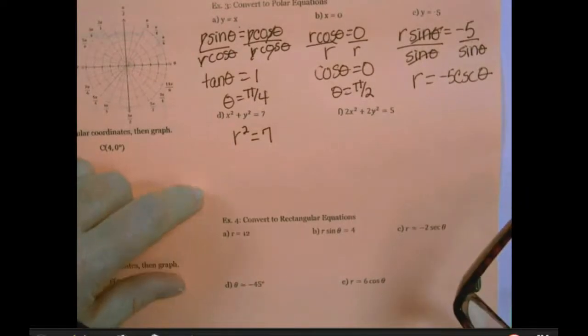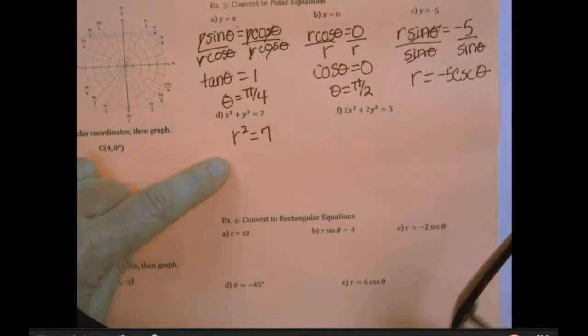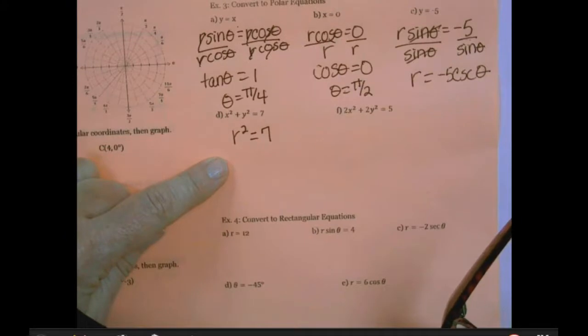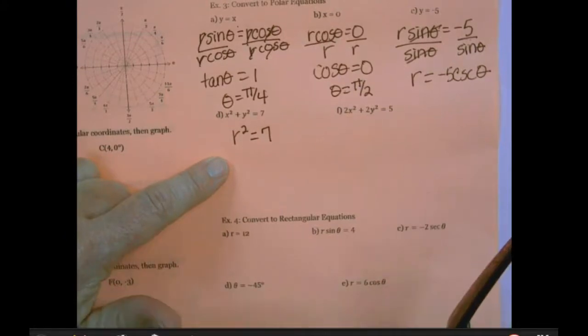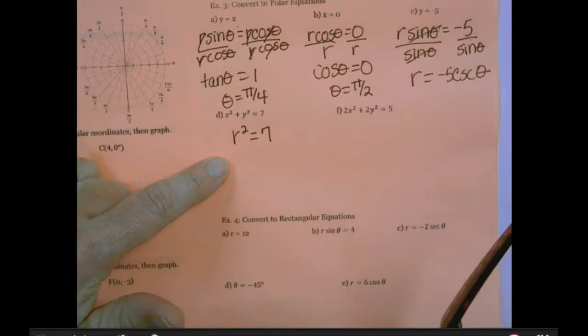Okay, I'm serious. This is just x squared plus y squared equals r squared. We've been using that. It should be there from already.